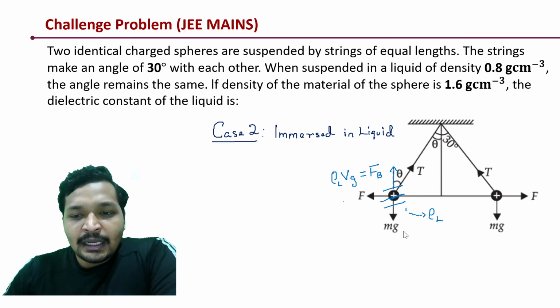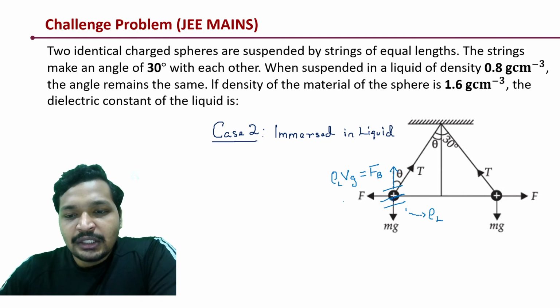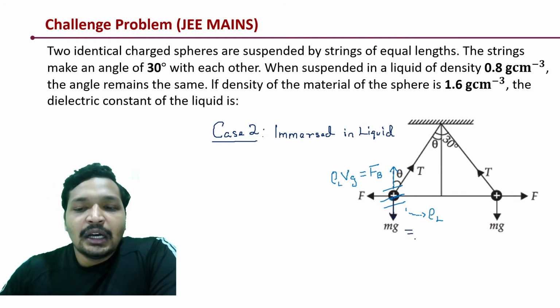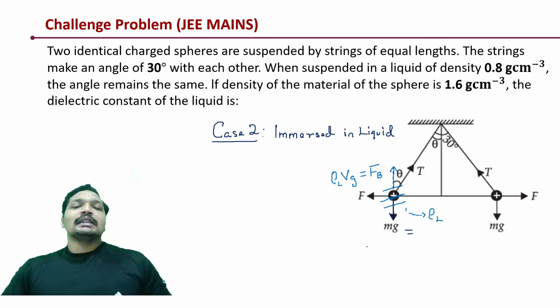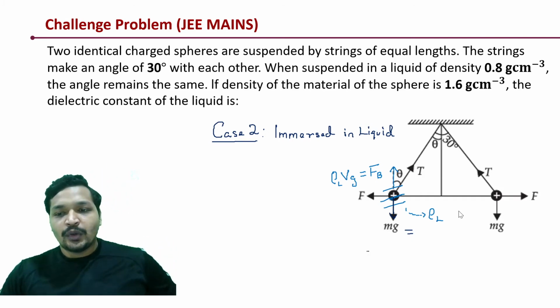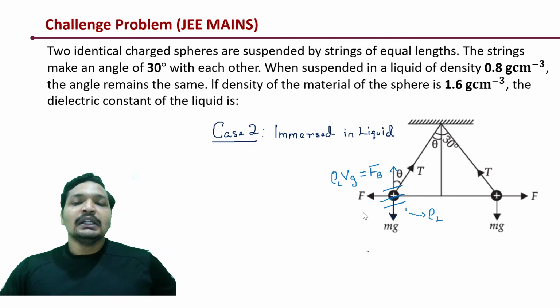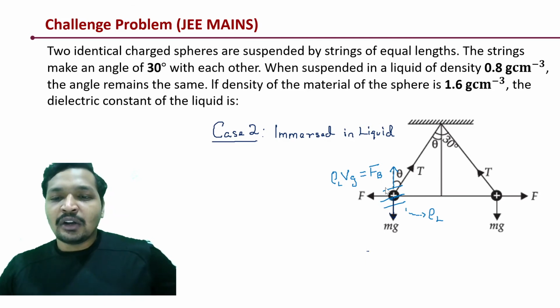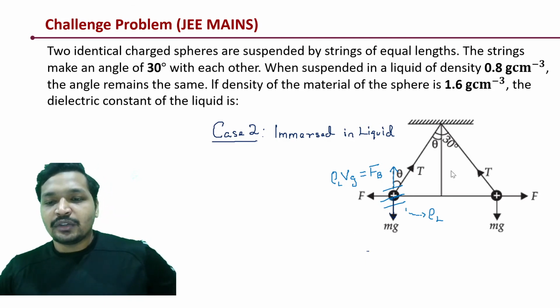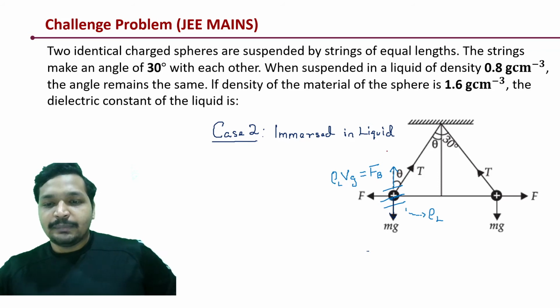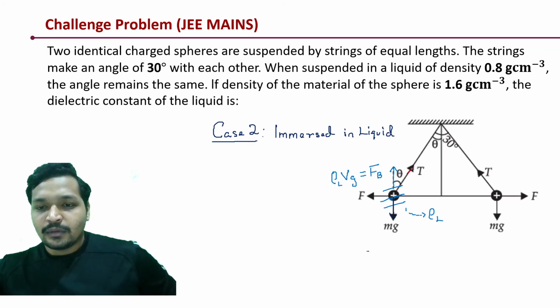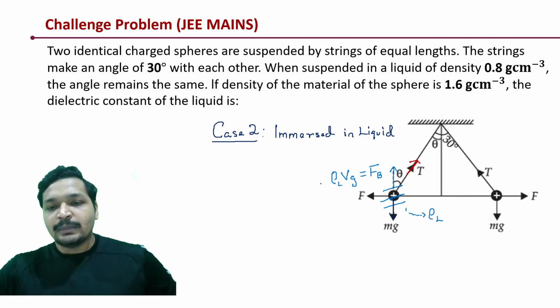We'll be having an mg as usual, which is nothing but, we wrote it down to be rho s into V into G. We'll be writing it down directly. And what is that balancing component? Balancing component is going to be that same thing. This is tension. What is this balancing component going to be?